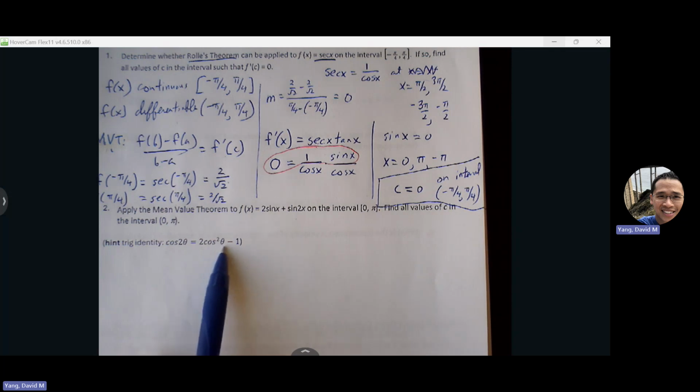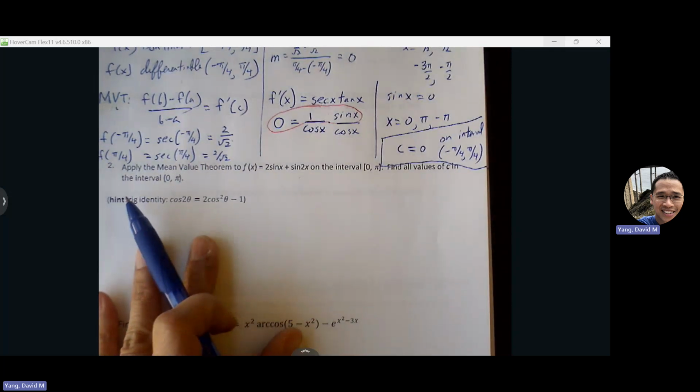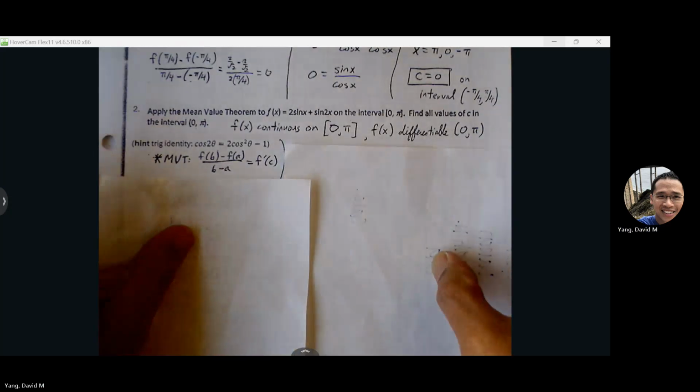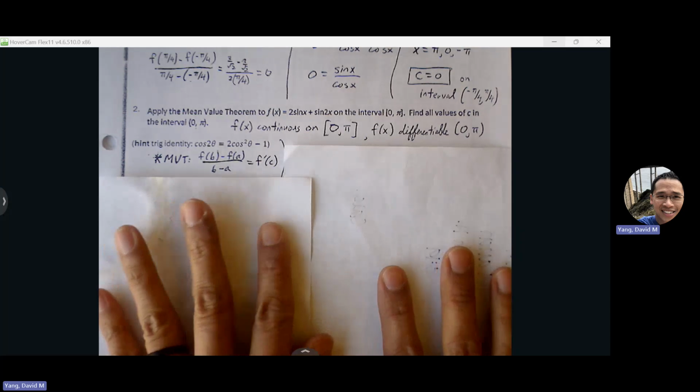So in this case, we're going to need this a little bit later. Okay, so let's go through our steps. All right, so continuity is no issue, differentiable is no issue, but we have to make sure we state it. So let's go ahead and state those conditions.